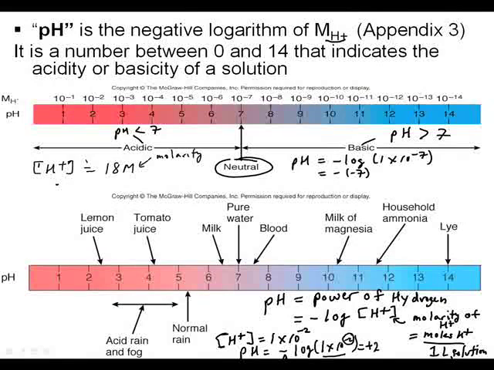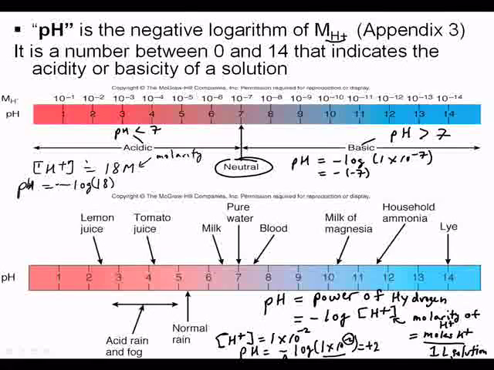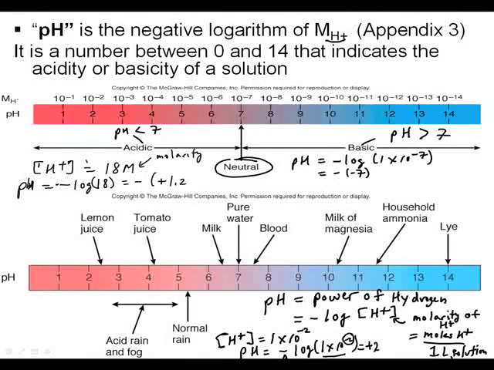To find the pH, we would simply take the negative log of 18, which happens to be negative times positive 1.2. And that would give us a negative pH.